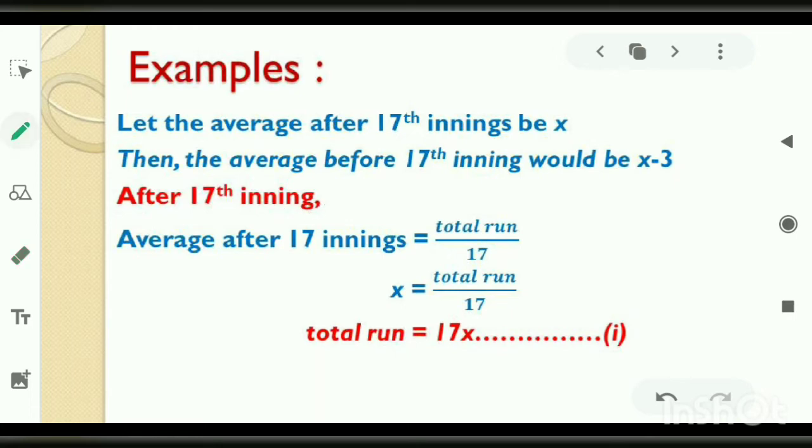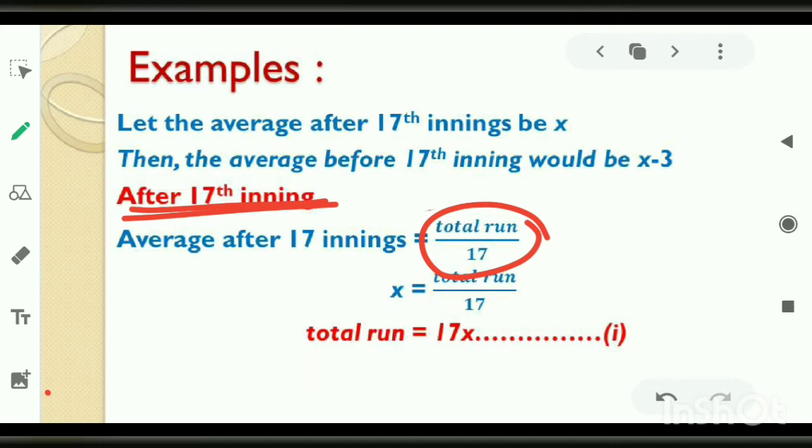So after the 17th inning, what is the average formula? Total runs divided by the number of observations, right? So after the 17th inning, what would be the formula for finding the average? Average after 17 innings is equal to the total runs taken by the batsman in all 17 innings divided by 17, which is nothing but the total number of innings, right? Okay, let's substitute the known values and assumed values.